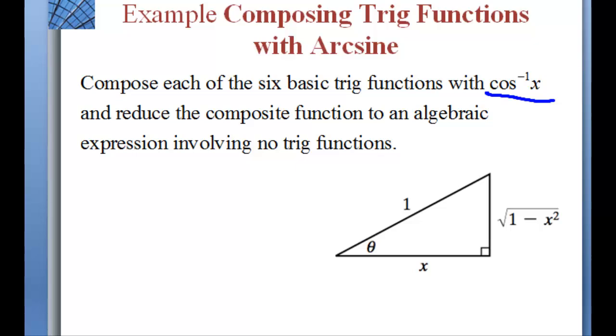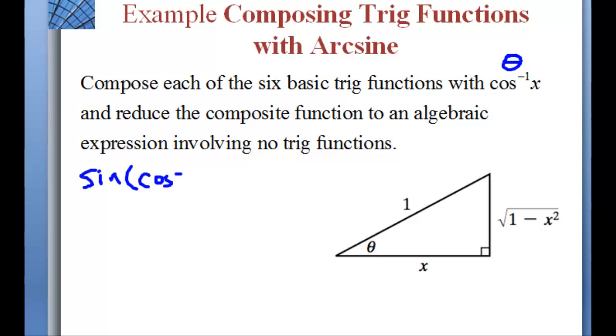Cosine is the adjacent over the hypotenuse. So the question is, which angle has the adjacent over the hypotenuse being x? And that would be theta. So basically we're looking for theta.